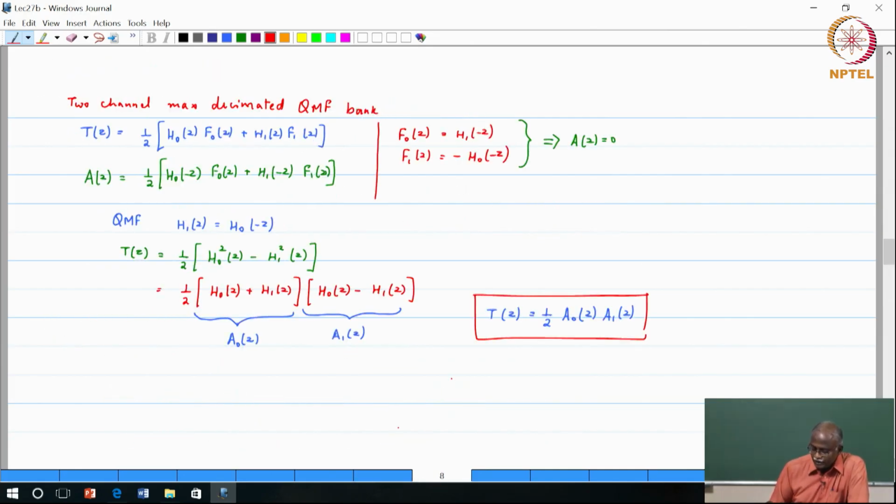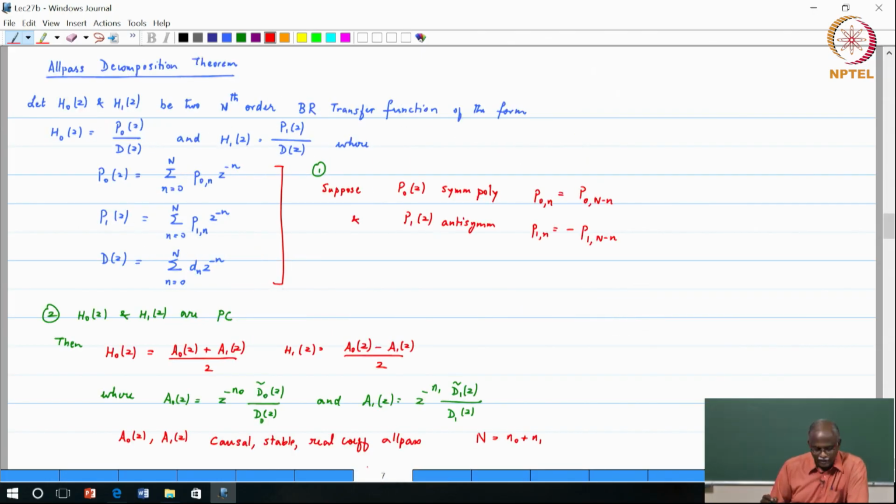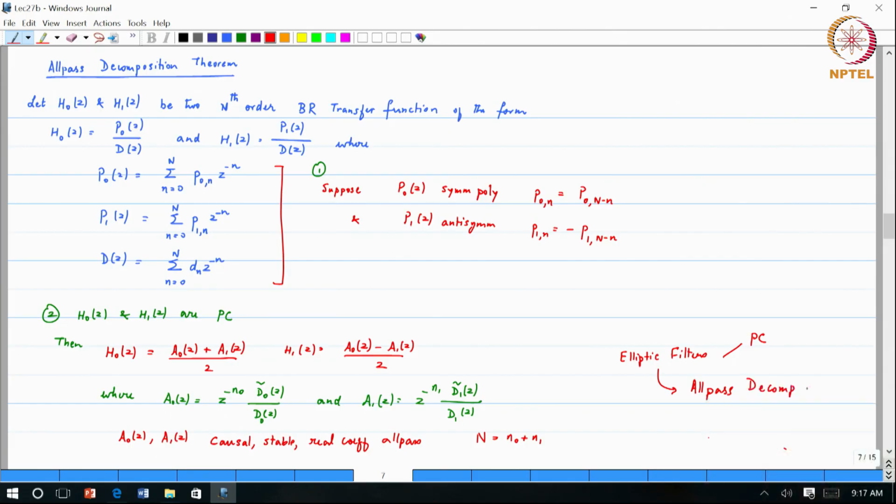Here is a case where you did the all pass decomposition, and as we mentioned, there is a class of filters that can be designed primarily in the context of elliptic filters, where you can enforce the power complementary property, and because you can enforce the order and the power complementary property, you can also get the all pass decomposition. So this is not just a theoretical exercise, this is quite a practical system that can be designed and implemented without too much difficulty.